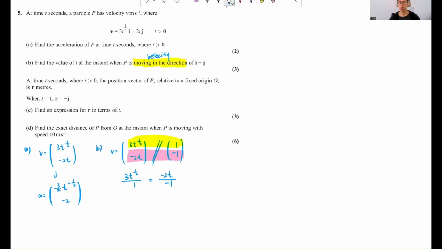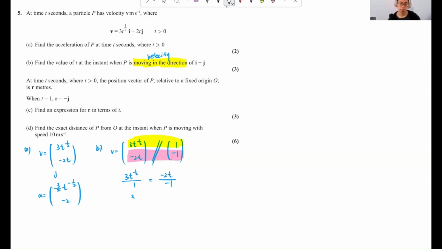So all you have to do is i divided by i equal to j divided by j. When you do i divided by i, that gives the scale factor for the i component, and j divided by j gives the scale factor for the j component. Since those two vectors are parallel to each other, the scale factor has to be the same. That's why you can just let them equal and solve it.